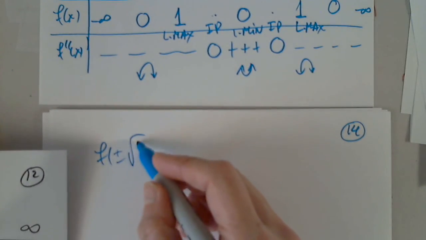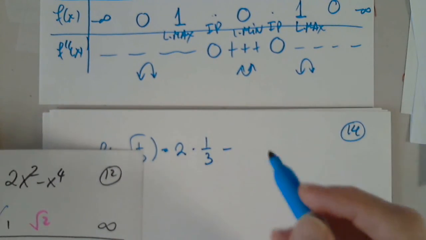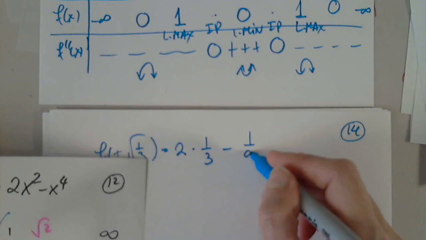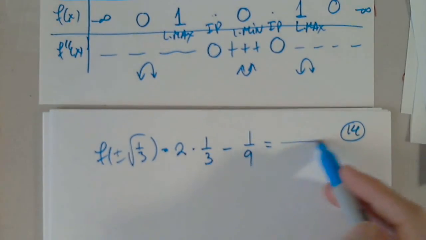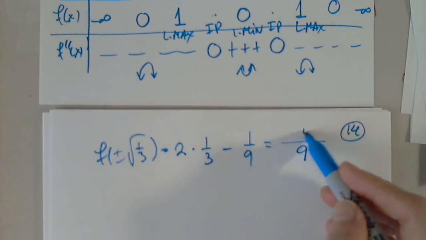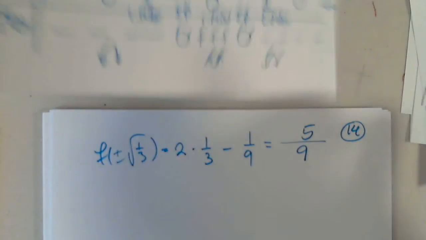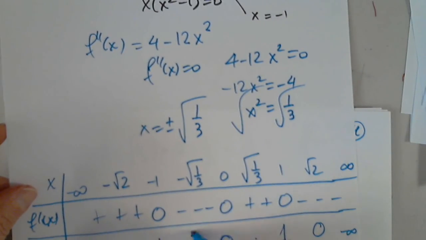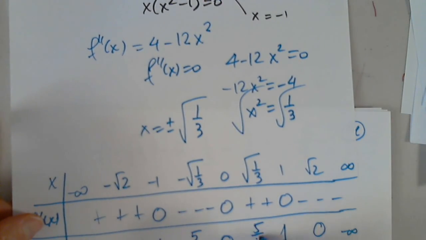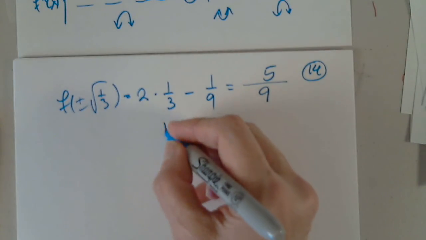So plus or minus the square root of 1/3. This is 2 times 1/3 and minus 1 over 9. Yes, okay. So the least common denominator is 9. So 6 minus 1 is 5. Okay, so 5 over 9 and 5 over 9. What a messy situation, but we are going to be able to graph it.